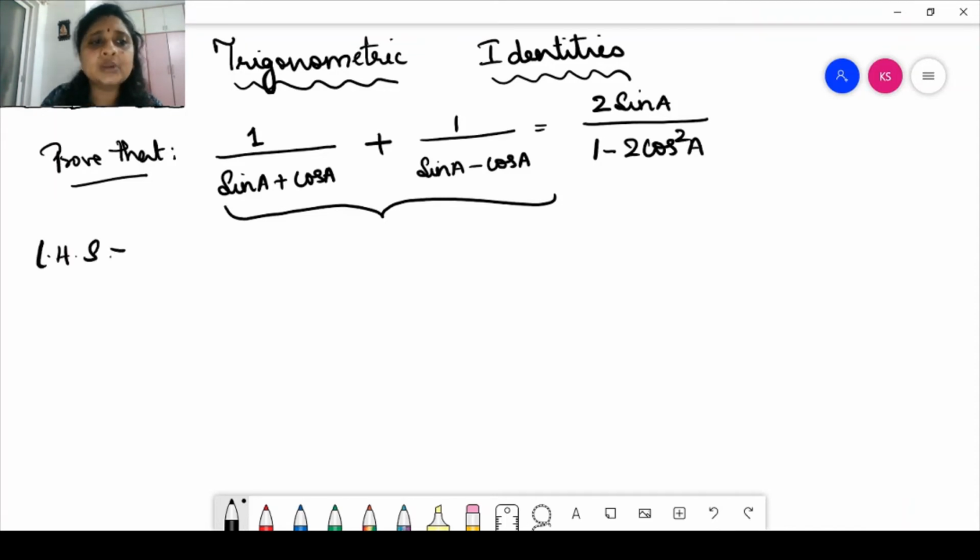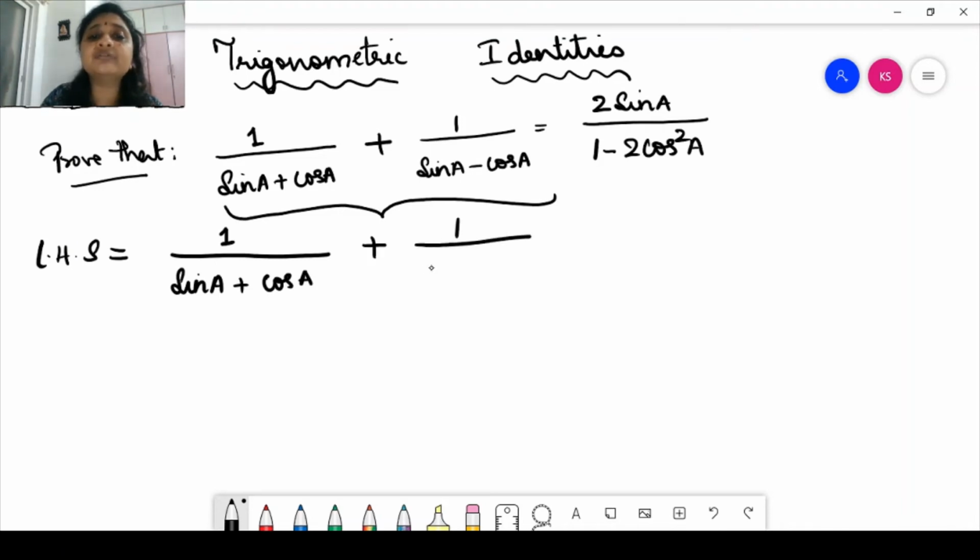So now what do we have here? We have fractions involving trigonometric ratios. So when we have fractions, what are we supposed to do? Just like how you proceed with your integers or your rational numbers or your algebraic fractions, you need to take LCM and proceed.